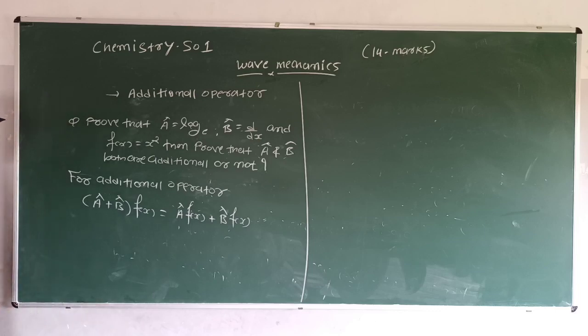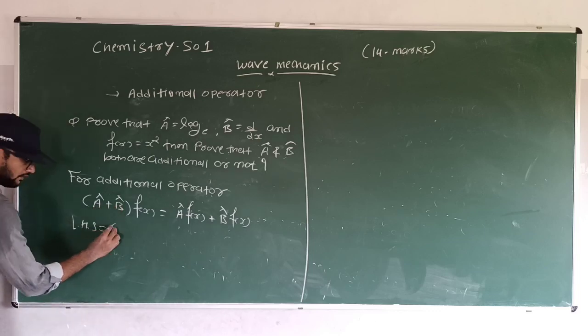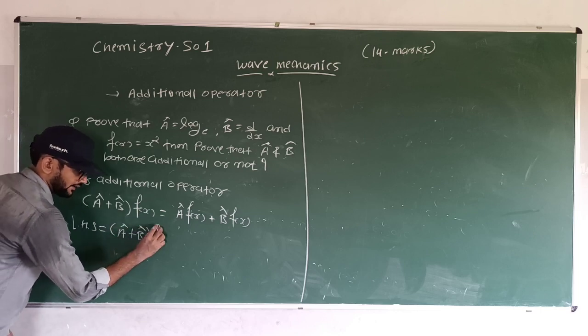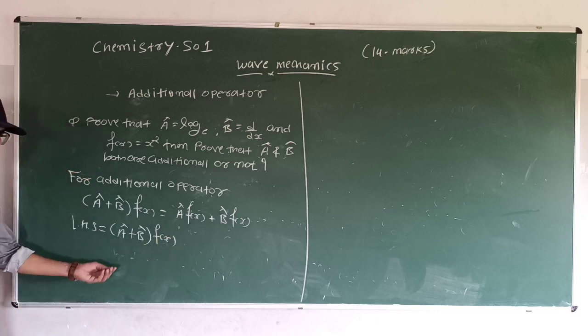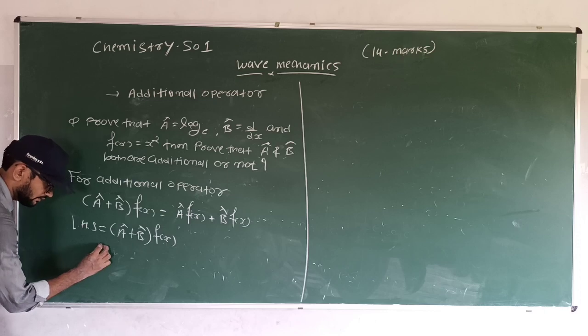So the value of the left hand side, LHS, is equal to (A cap plus B cap) f(x). Now put the values of A cap, B cap and f(x).